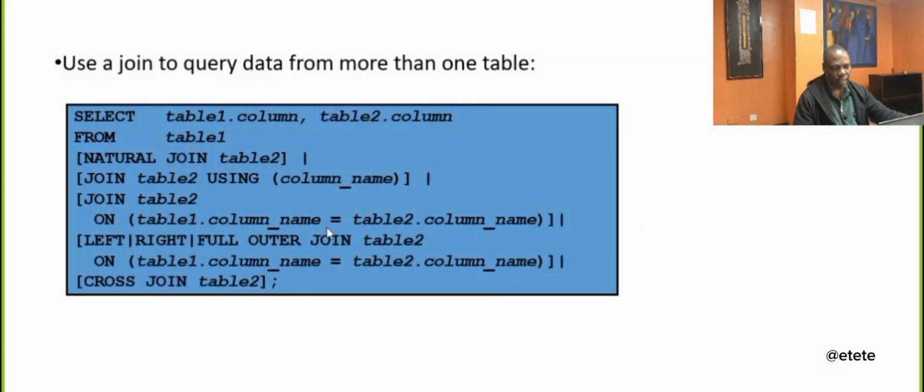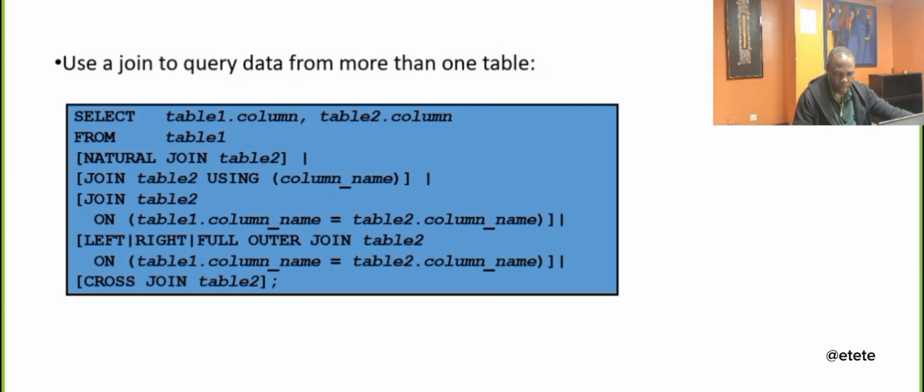Now, this is the syntax, because you have to identify the source from which you want to get the data. So you start reading it from table 1. That is why you are seeing that this select list is carrying table 1 dot column. It's just like saying your first name and your last name. When you enter a place and two people answer to the same name, the only way you can differentiate them is through their surname.